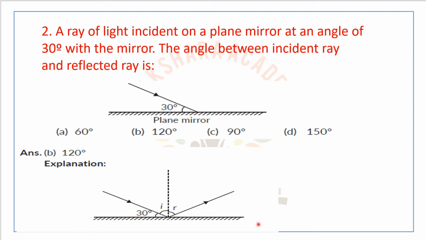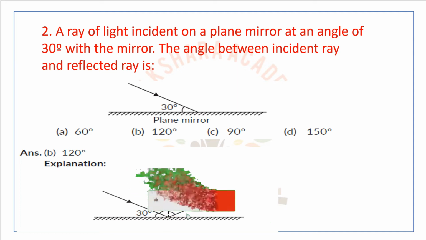This is the plane mirror and this is the angle they given, 30 degrees, and now first we have to draw a normal, that is a perpendicular line drawn at the point of incidence, and this is the angle of incidence and this is angle of reflection. So we have to calculate this angle between incident ray and reflected ray.